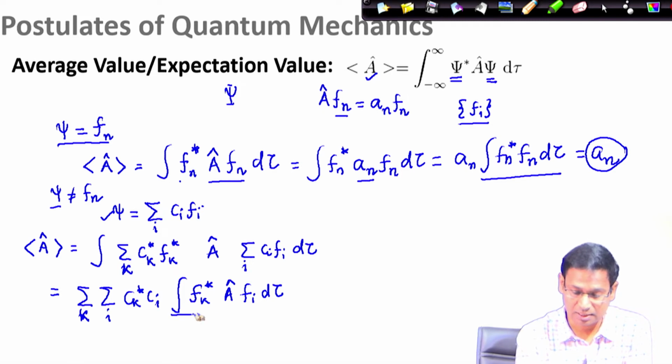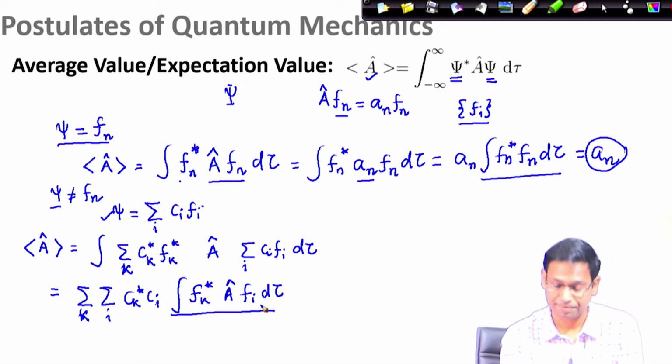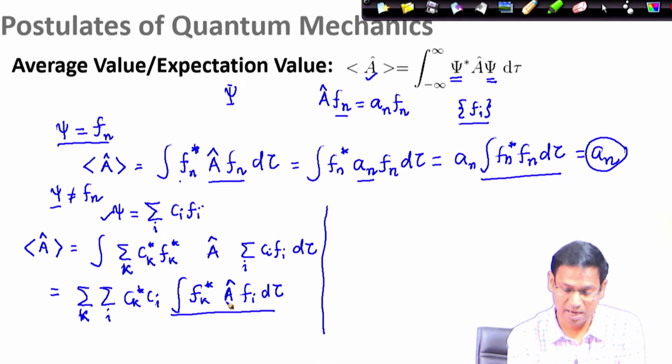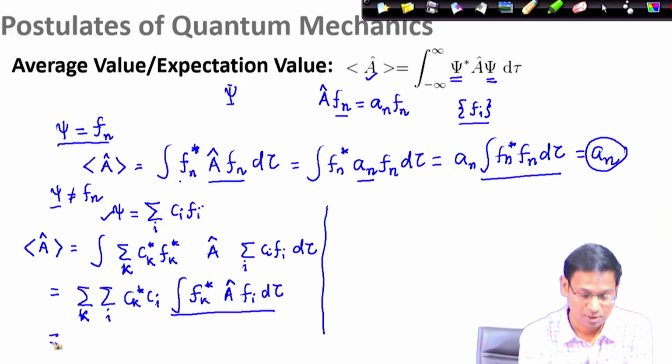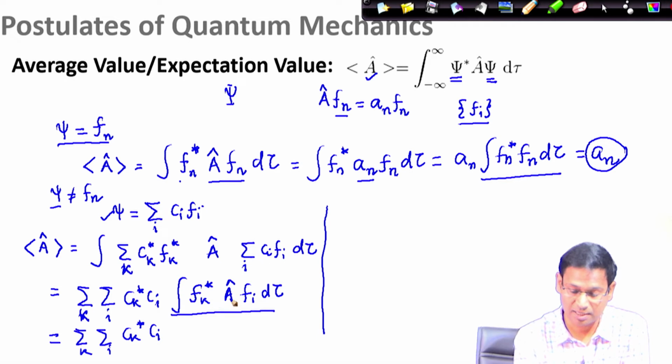When I look at this term over here, I see that operator A, when it acts on function f I, since f I is an eigenfunction of operator A, its outcome of operator A's action on f I is going to be the eigenvalue, which is A I, multiplied by f I. So, therefore, C k star C I, and then when I apply A on f I, I get A I, which is again a constant.